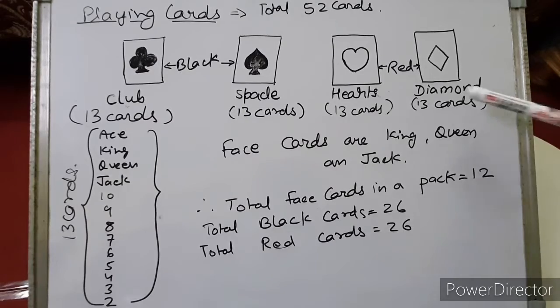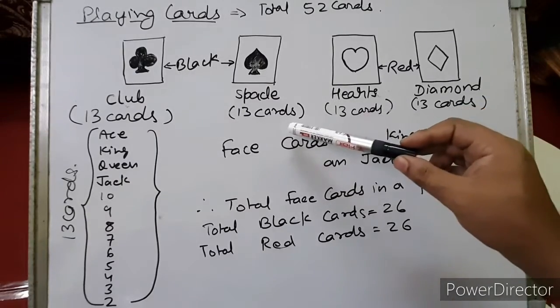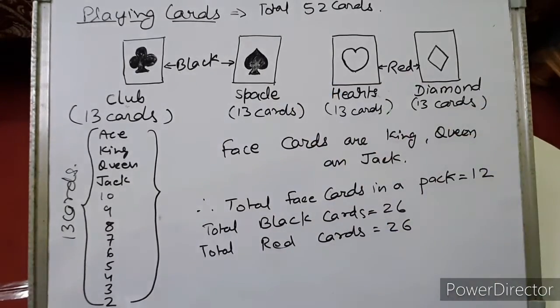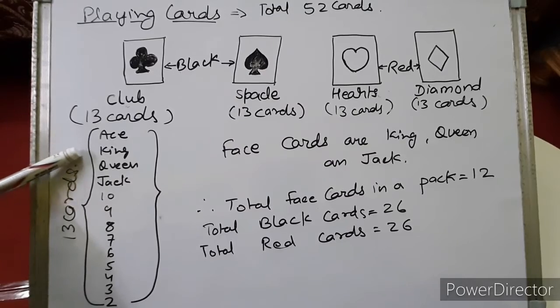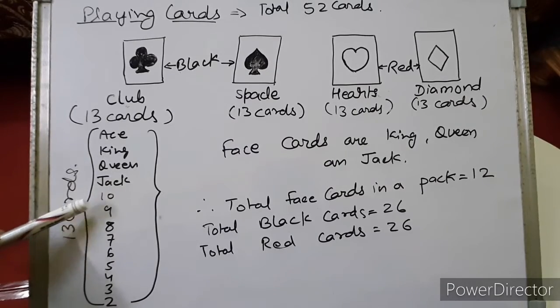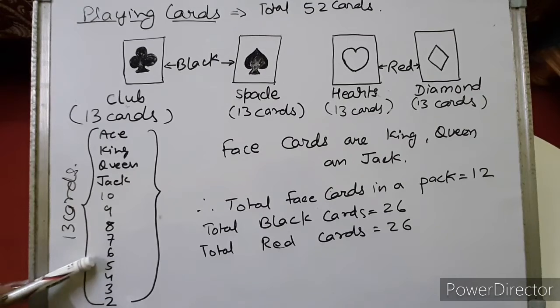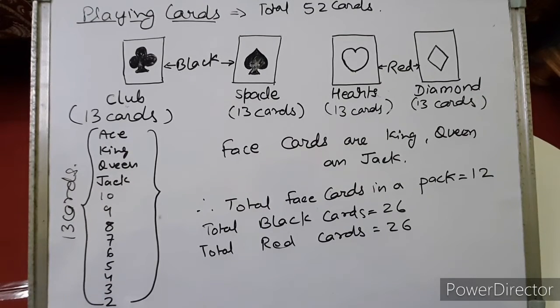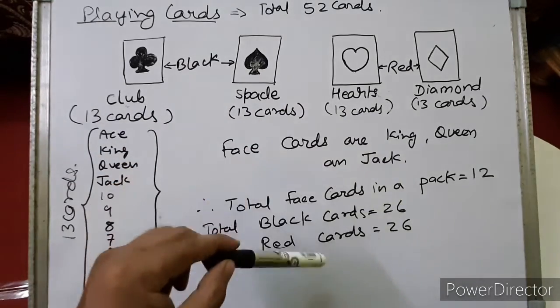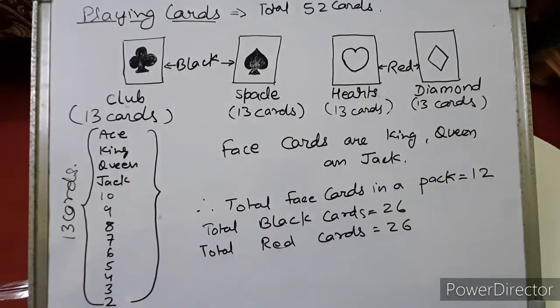The 13 cards are named ace, king, queen, jack, then 10, 9, 8, 7, 6, 5, 4, 3, 2. So if you count 1, 2, 3, up to 13 cards. Similarly, 13 cards of spade, 13 cards of heart, and 13 cards of diamond we will be having.